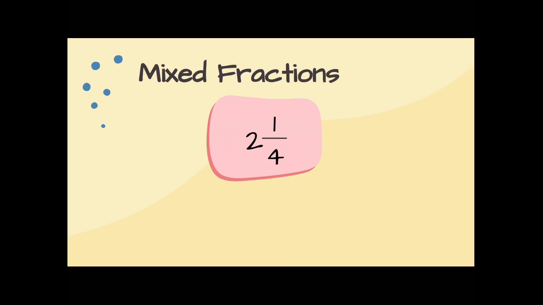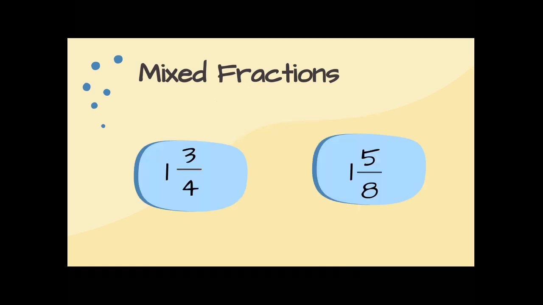So we would do 4 times 2, which is 8, and then add 1, the numerator, which is 9, and put it over the same denominator. So 2 and 1/4 is the same thing as 9 over 4. As you can see, the numerator is greater than the denominator, and that's what we call the improper fraction.